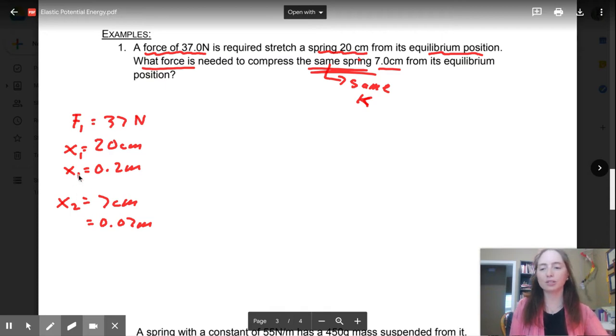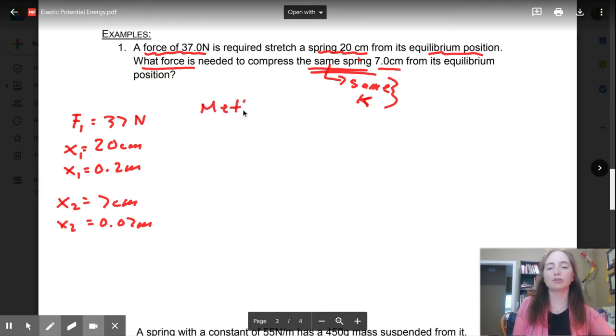All right. So I've got forces and x's. I don't have k, but ladies and gentlemen, k is the same. I'm going to show you 2 methods for solving this question. You pick whichever method floats your goat. We're going to start with method 1.